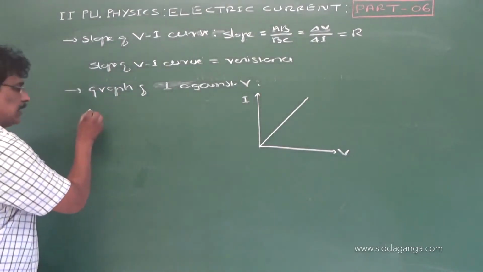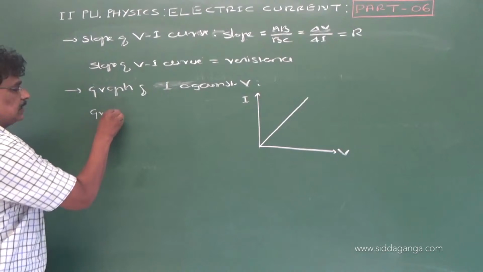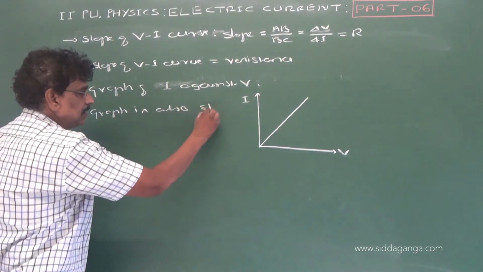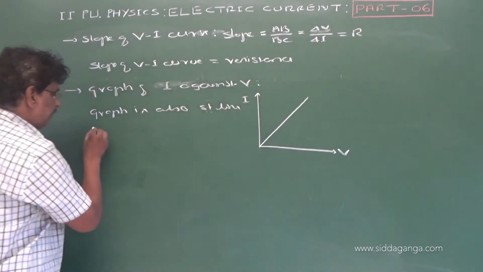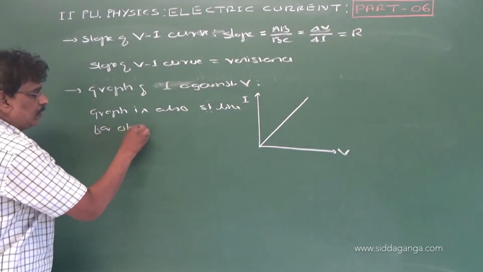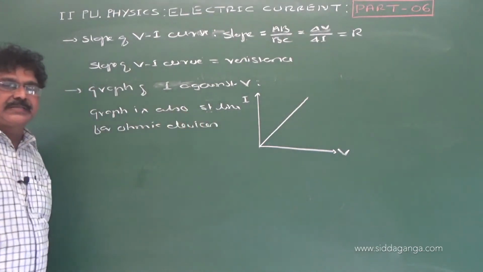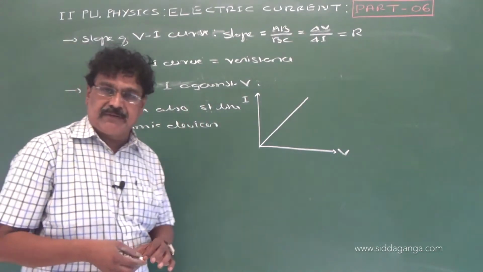So this graph is also a straight line for ohmic devices.